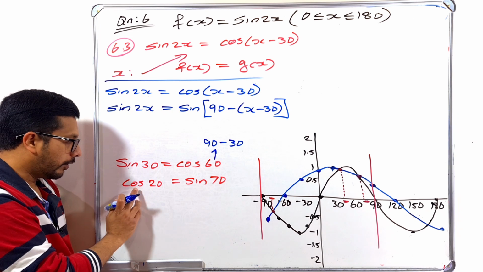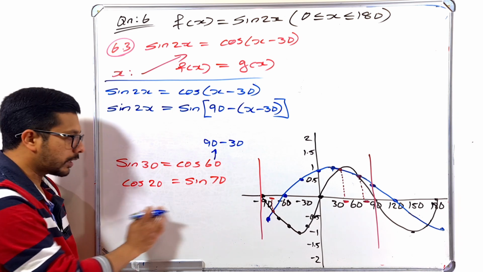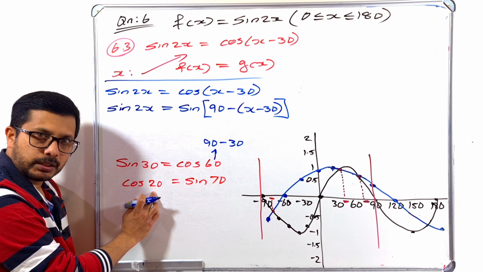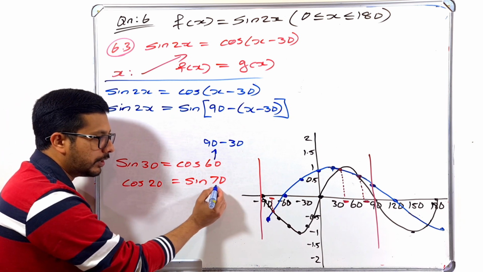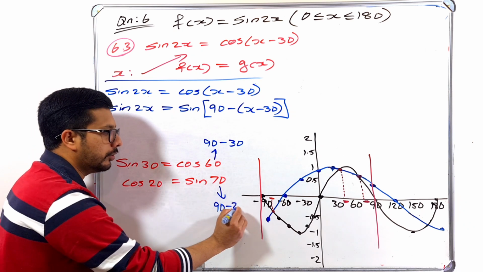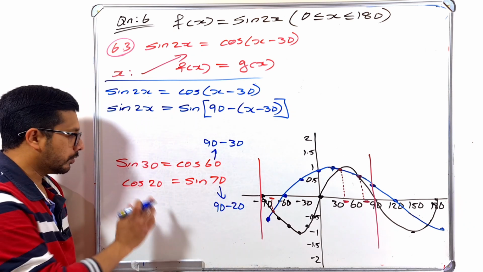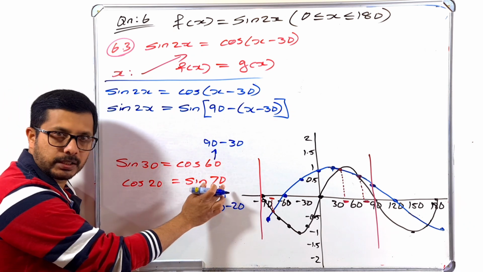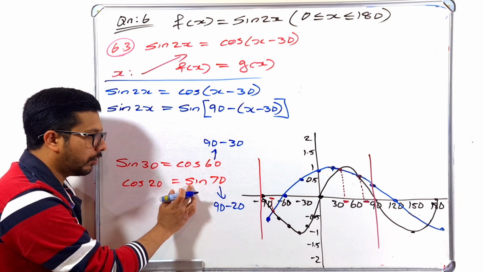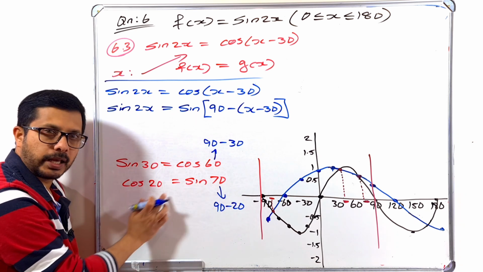Similarly, if I want to write cos as sine, what must I do? 90 minus 20, this angle. How do you get this 70? I wrote it as 90 minus 20. So cos 20 is the same as sine 70. How do I get this sine 70? Sine of 90 minus this angle.